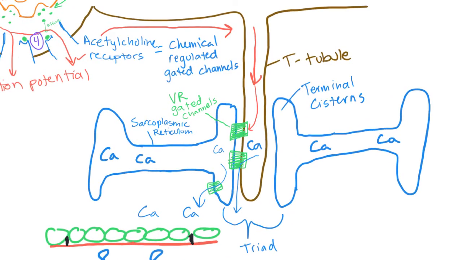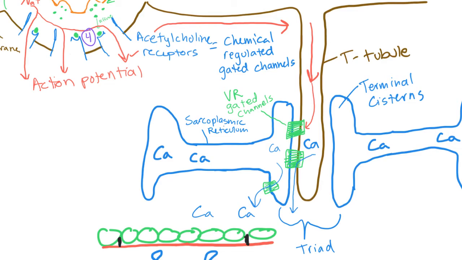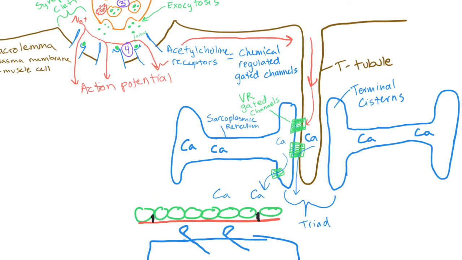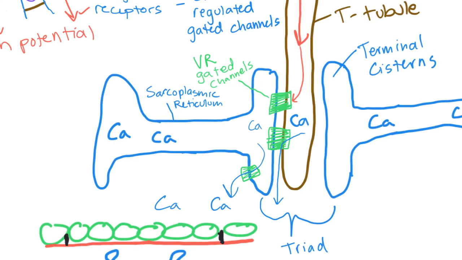Yeah, so the signal, which started up here, this action potential, which then traveled down the T-tubule, then causes these voltage-regulated gated channels to open, and calcium from the triad enters into the muscle cell.